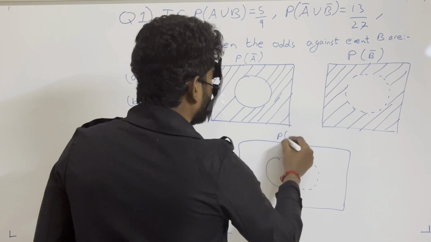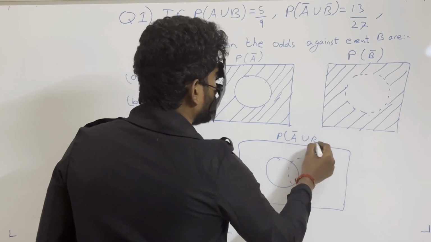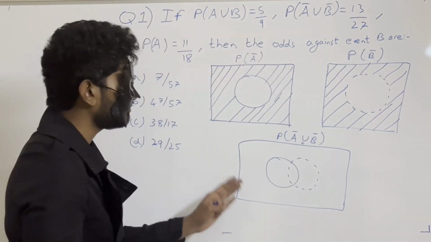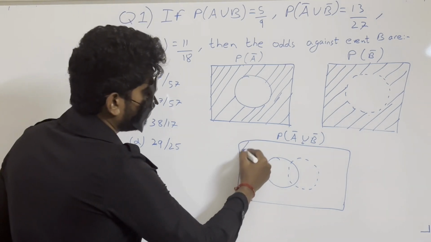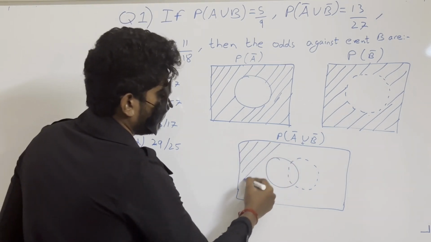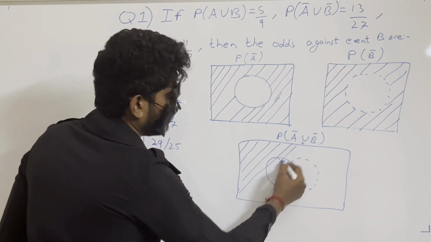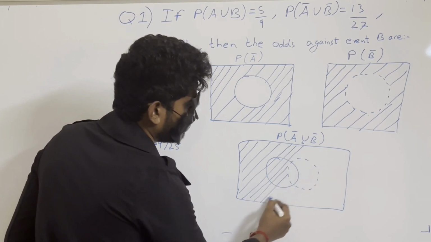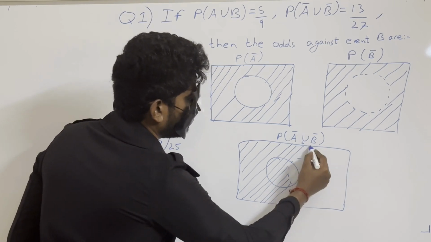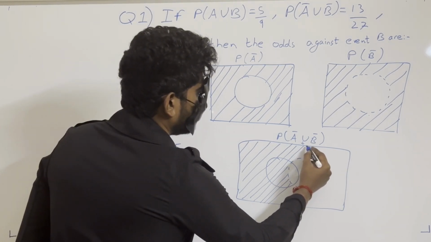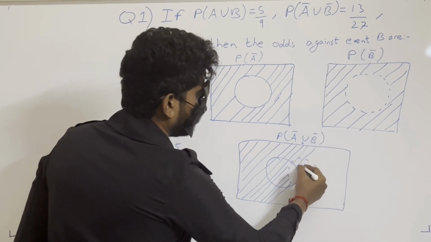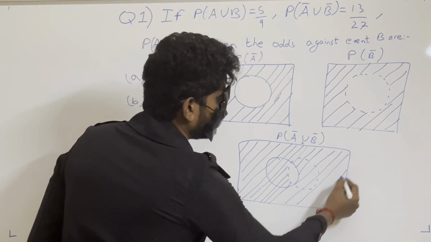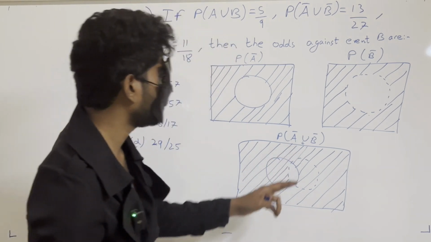So P of A naught union P of B naught is this.